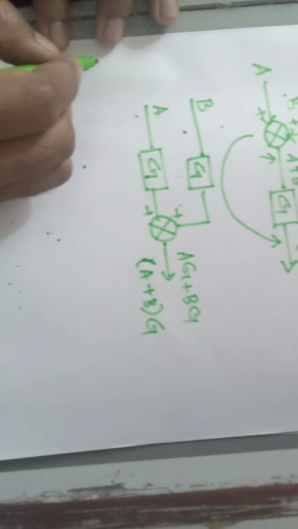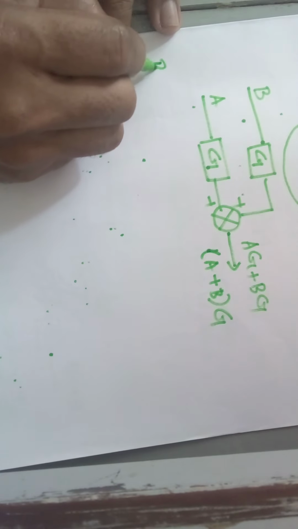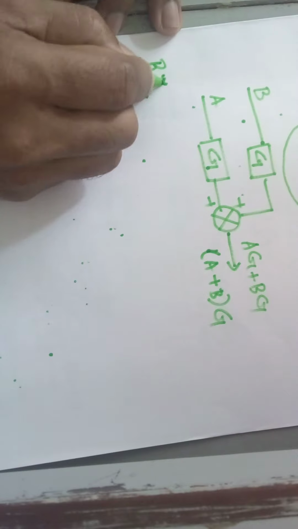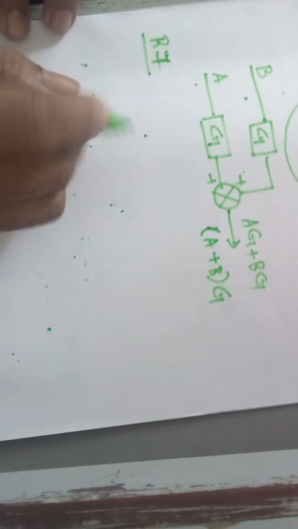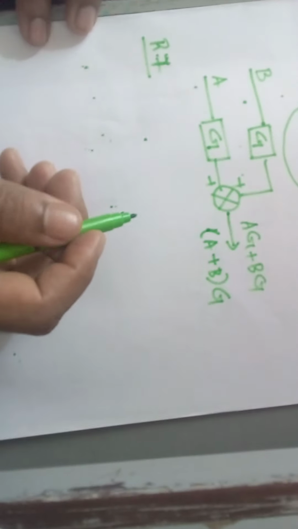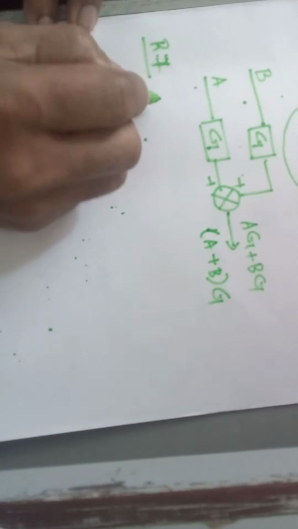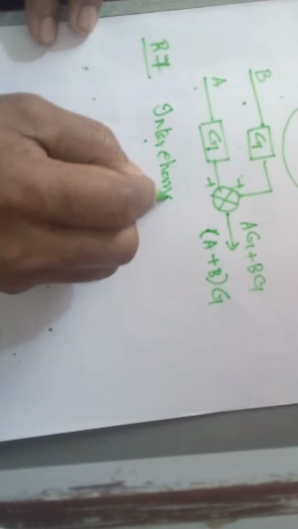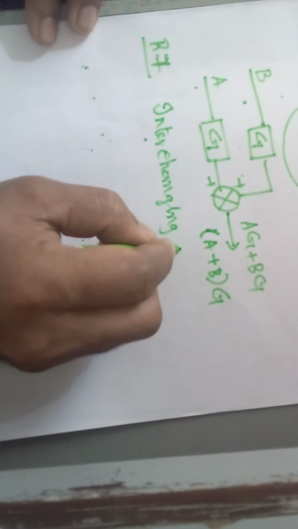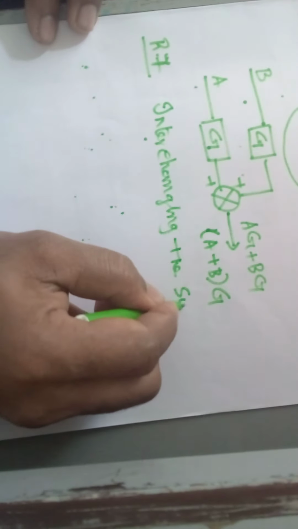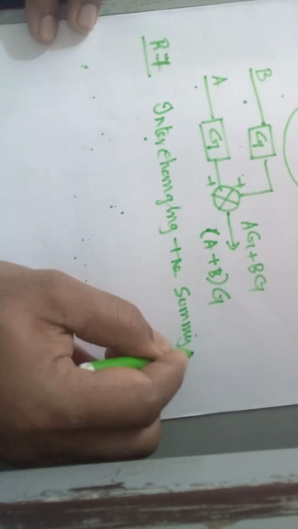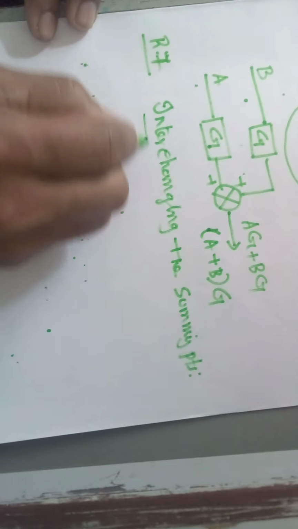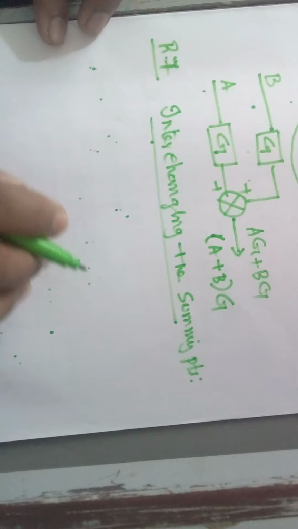Now the rule number 7, right? Rule number 7. So what is rule number 7? Interchanging the summing points. Okay, how to interchange the summing points?